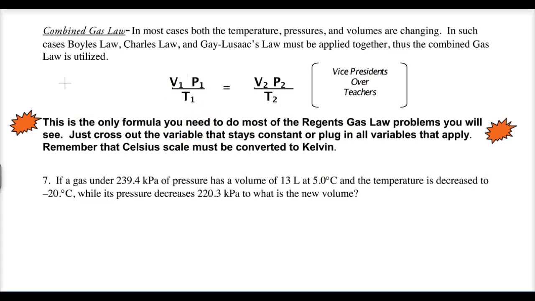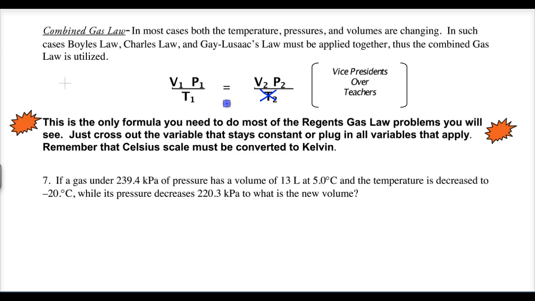There will be some problems where you're not crossing out a constant. In fact, there will be problems where you have volume, pressure, temperature already in the problem. So the only thing constant will be moles, although they will not say that in the combined gas law formula. So again, we've dealt previously with Boyle's law where we crossed out temperature because temperature and moles are constant with pressure and volume inversely related.